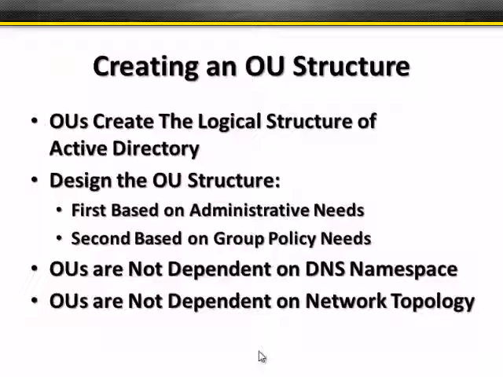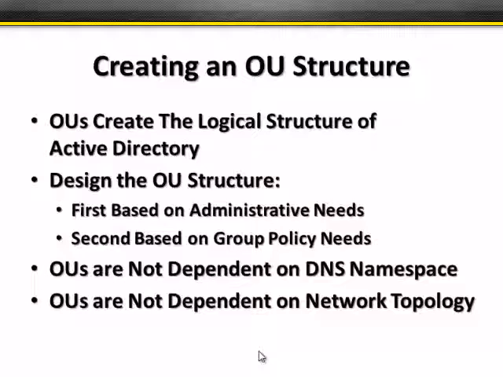If we can't break it up based on administrative needs or it's not clear cut, our second priority is group policy needs. We're going to spend a lot of time in different videos talking about group policy. Essentially, group policy lets us make a change to the computer based on the identity of the user that's logging on or the identity of that computer or both.